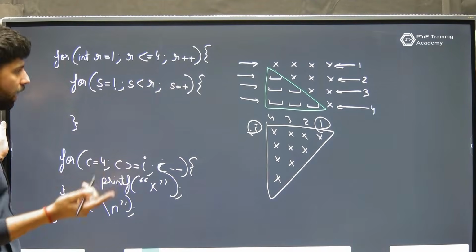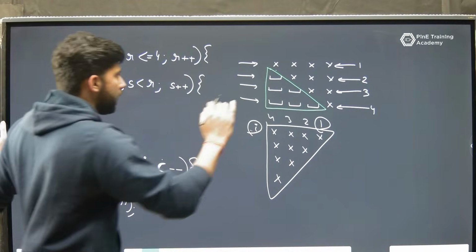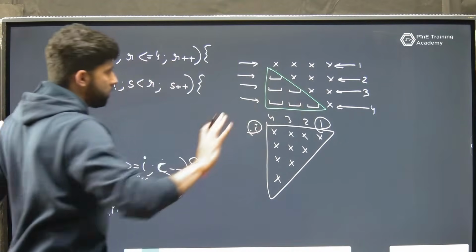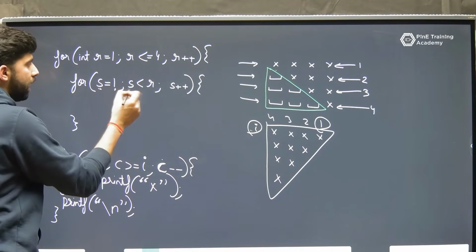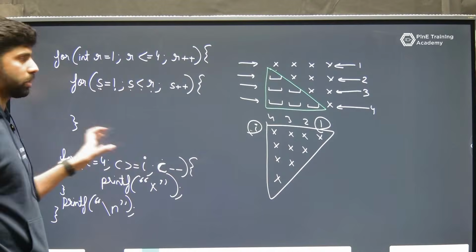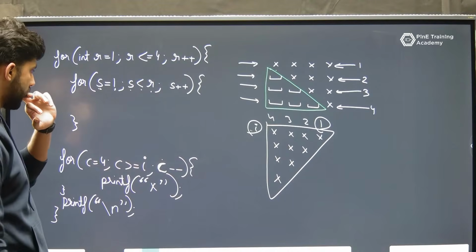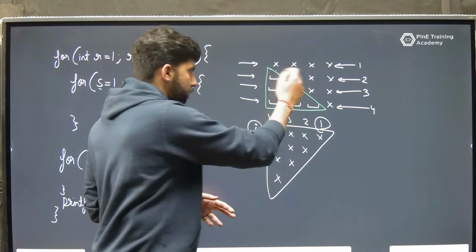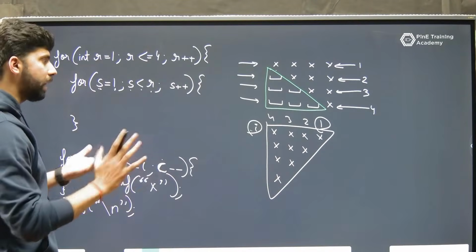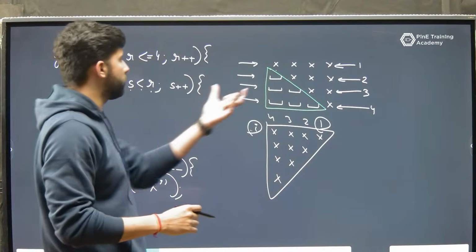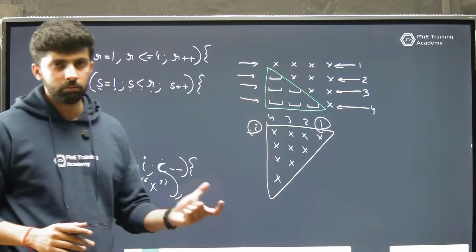What I'm thinking right now is just failing the condition for the first row. Since I have taken S as 1, if I write 1 less than 1, my condition will fail. So the first time, this particular loop will not run, and that is correct. I don't want the space to get printed the first time.